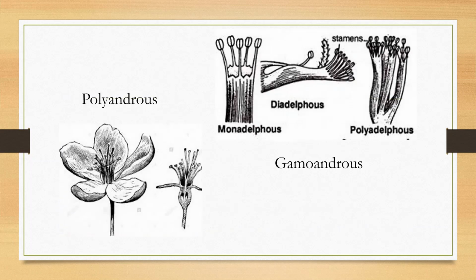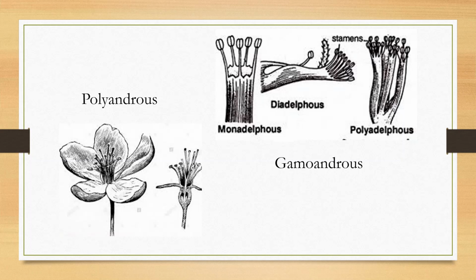Here in the picture you can see the different conditions of androecium. The first one is polyandrous, where all the stamens are free. In polyandrous condition, all the stamens are free, but in gamoandrous condition, the stamens are grouped.